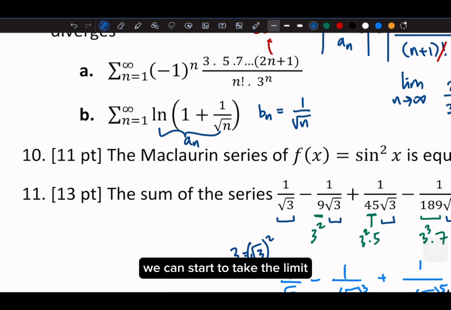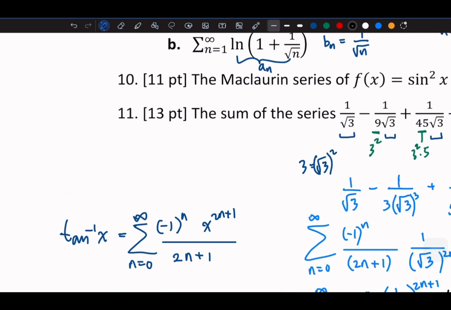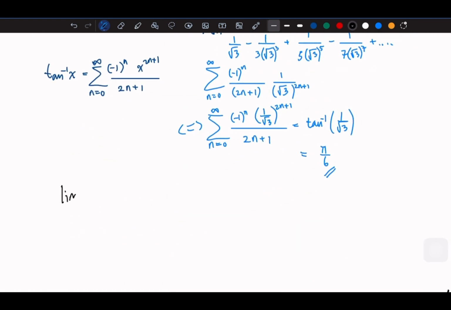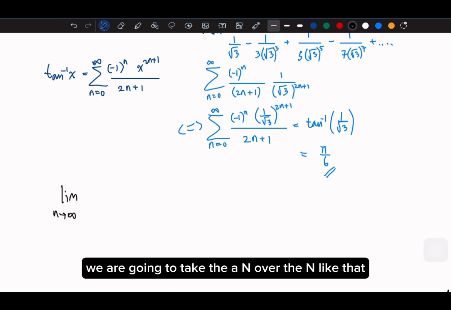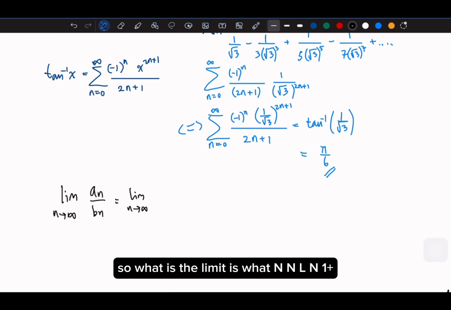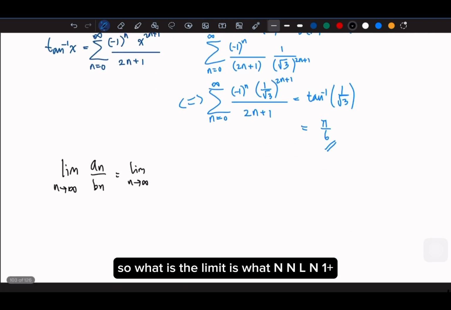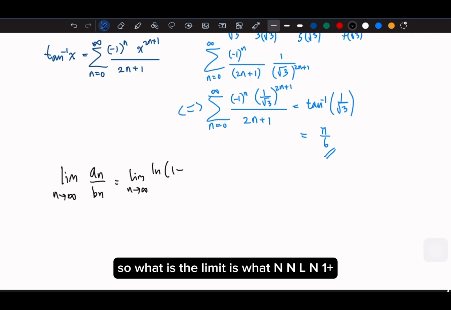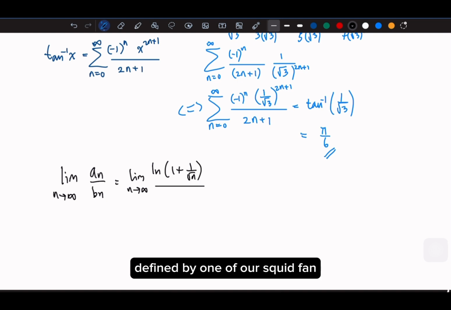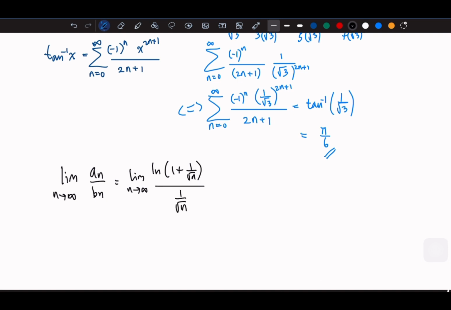So we can start to take the limit. We are going to take an over bn like that. So what is the limit? It's n ln of 1 plus 1 over square root of n, divided by 1 over square root of n.